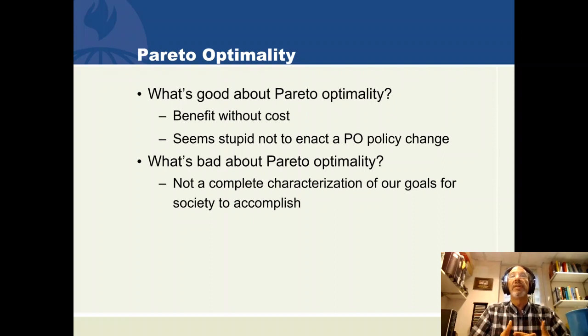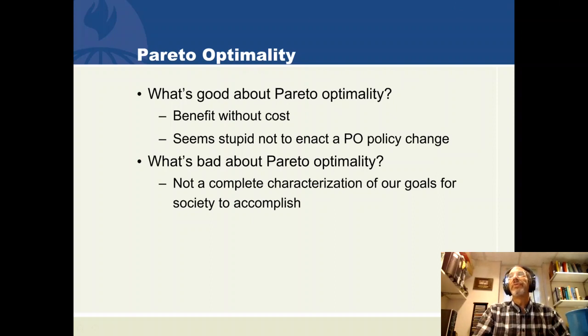So it seems stupid not to undertake a Pareto optimal policy change. Now, what's bad about Pareto optimality is getting carried away and jumping to the conclusion that's all the government needs to do. It is really, as you'll see, not a complete characterization of the goals of society, simply to make one person better off and then leave all other social ills unaddressed. So it's not everything we want, but it's something worth doing.